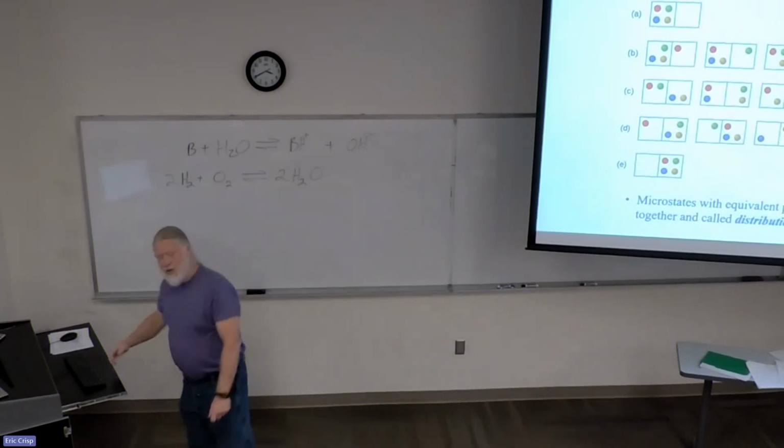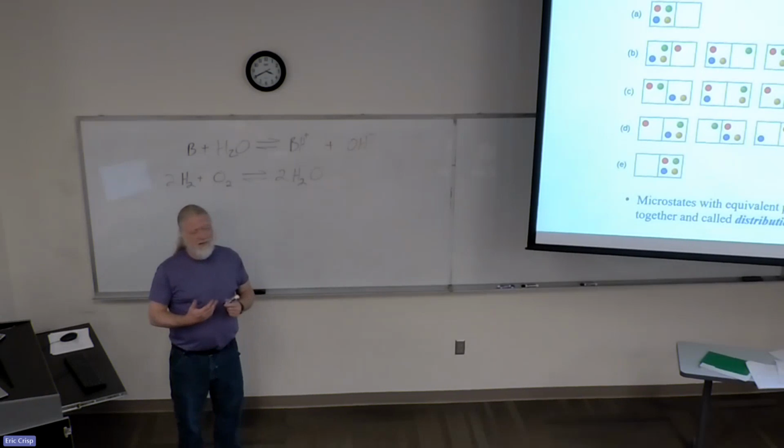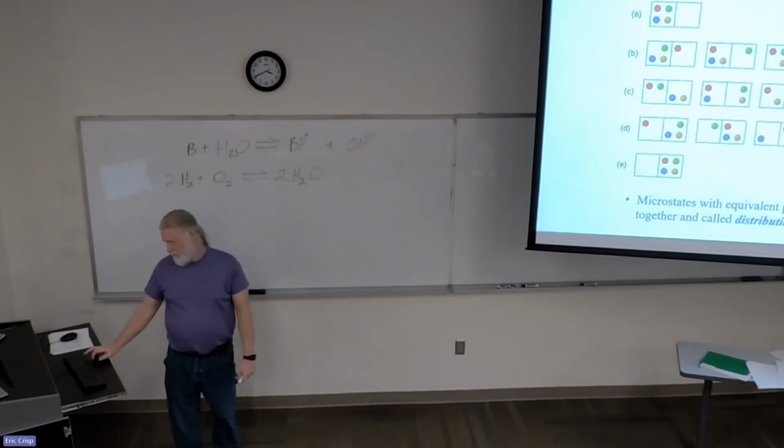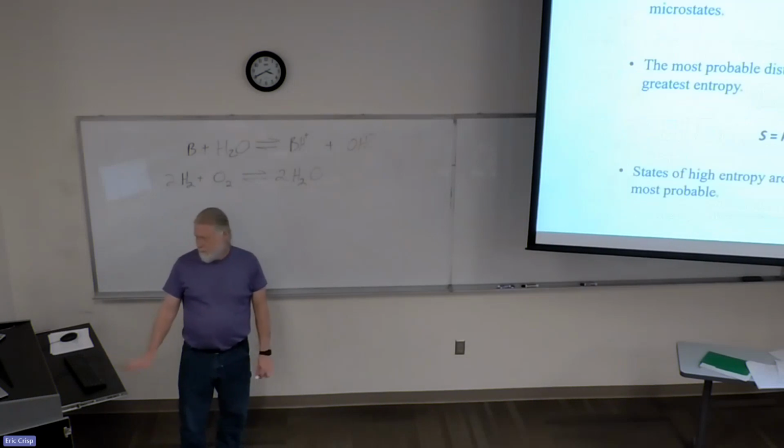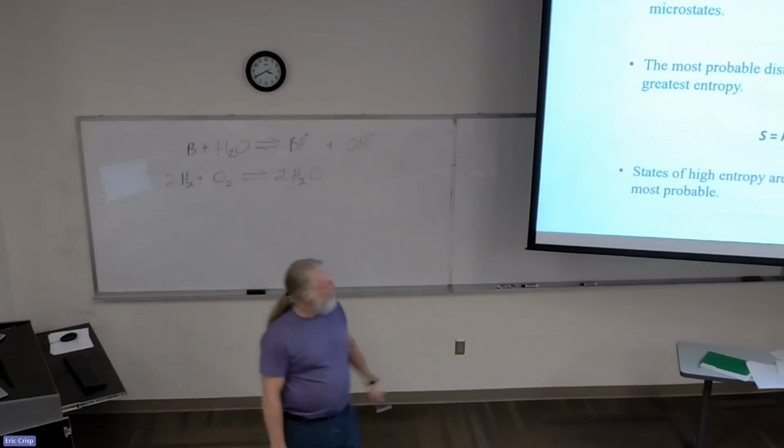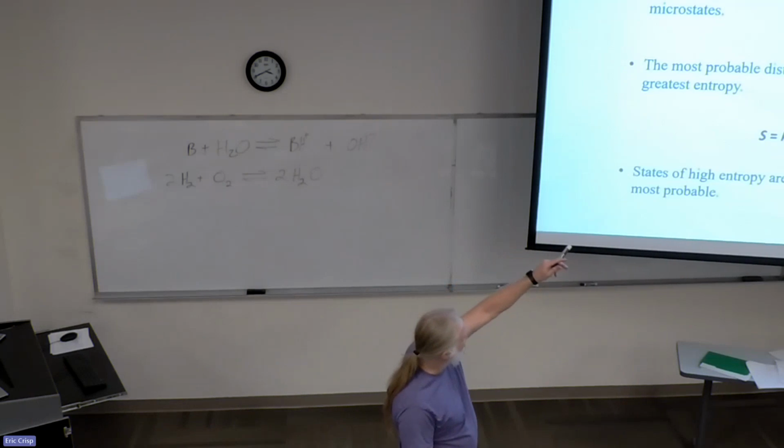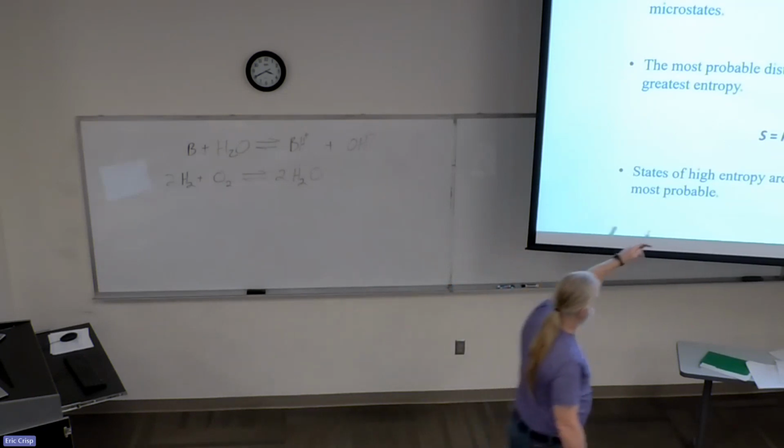All right. So conceptually, I'm trying to get to the idea that the distribution that gives you the most microstates included in it is the most prominent, because that's the highest entropy. The largest number of microstates in a distribution gives you the highest entropy, right?